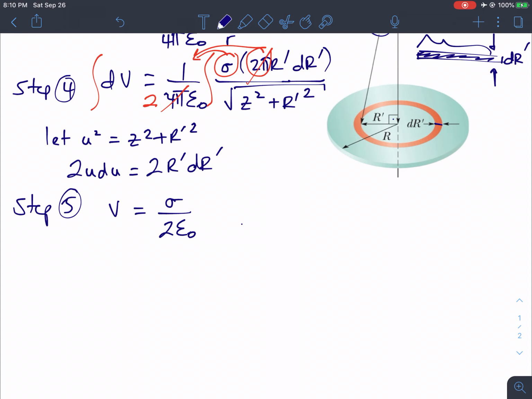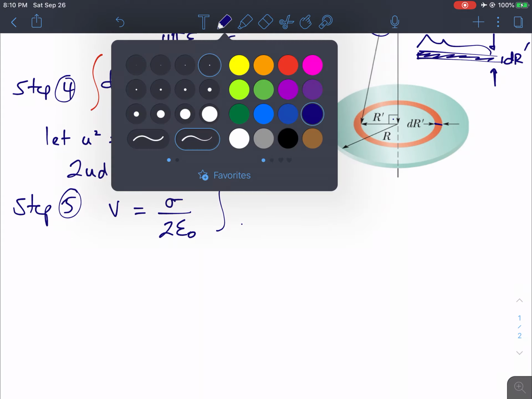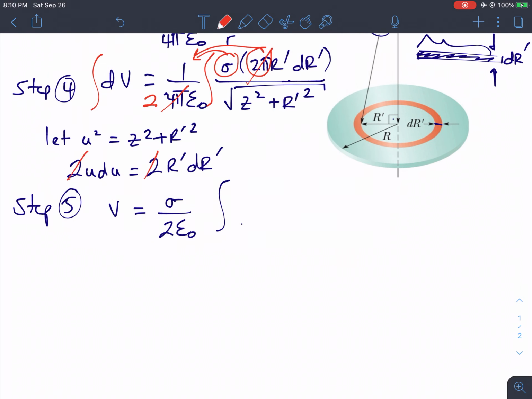So what happens to the rest? Let's write it down. r' dr', let's cancel these two as well. So I have r' dr' right here, and that is u du. Okay, so that becomes u du, divided by, remember, z squared plus r squared, which is u squared.